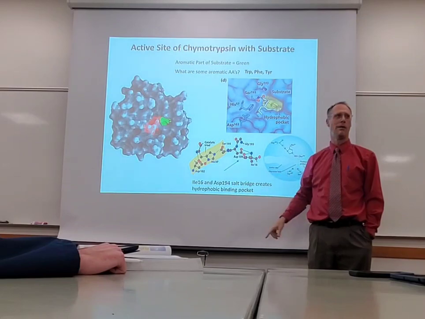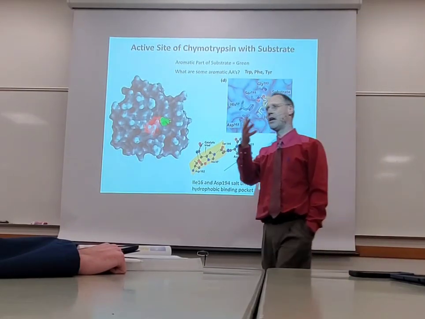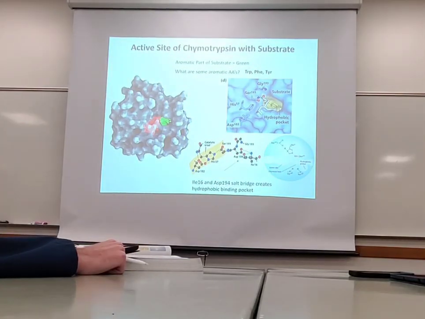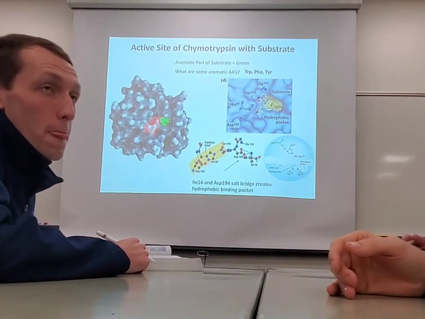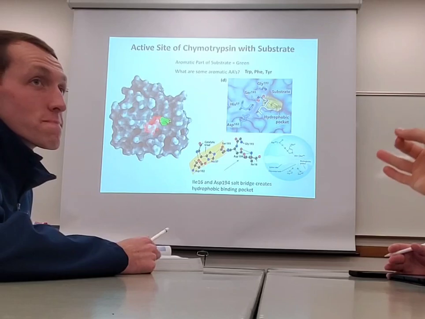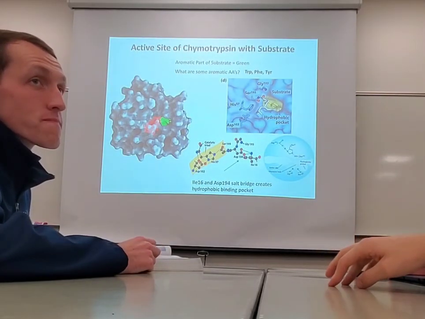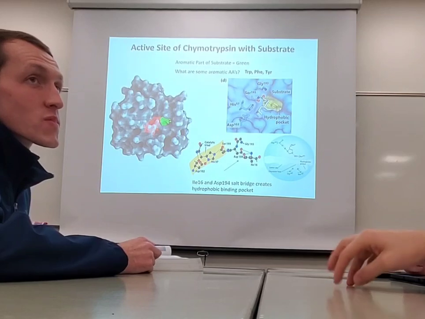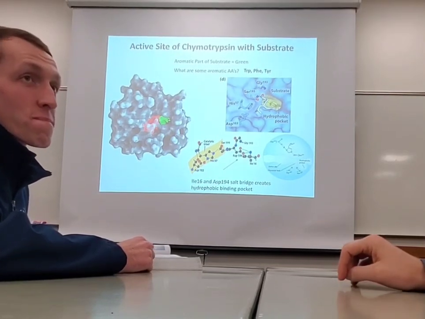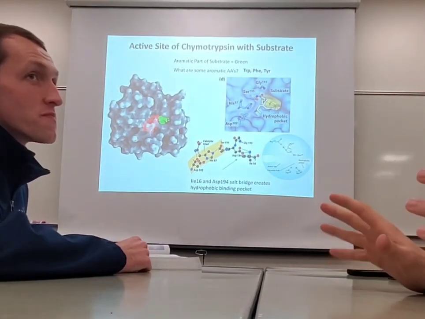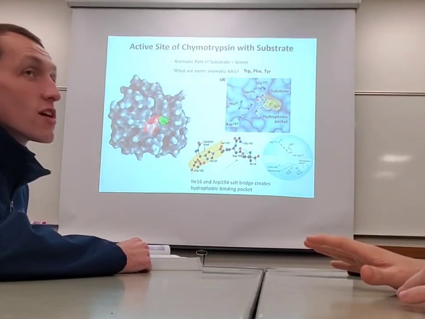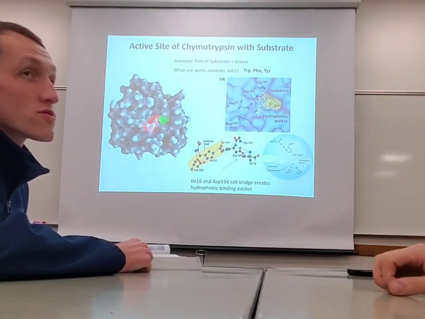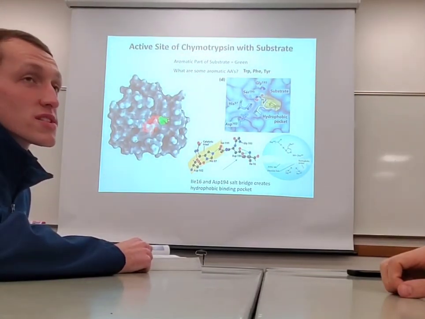Cool. Re-explain that to your group because they got it, but they want to be sure you did. So it's the hydrophobic pocket. It doesn't really bind to the R, it binds to the N-terminus that's exposed.